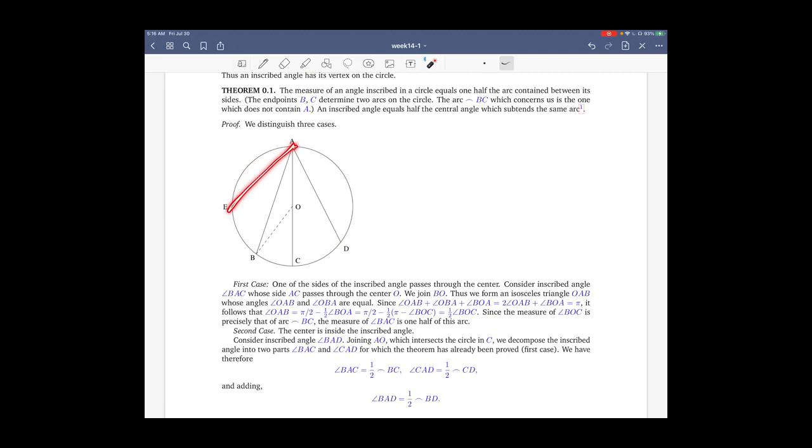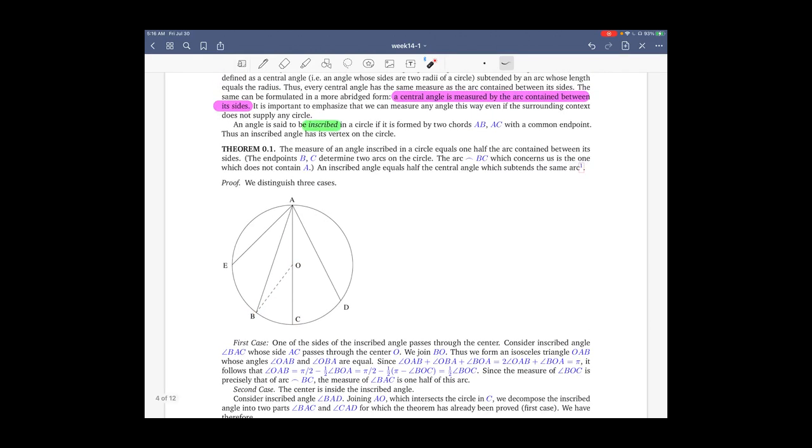AE and AD are two chords in this circle with a common point A, and so the angle EAD is an inscribed angle. Of course, the angle BAC is also inscribed, or BAD is inscribed. BOC, by contrast, is a central angle.